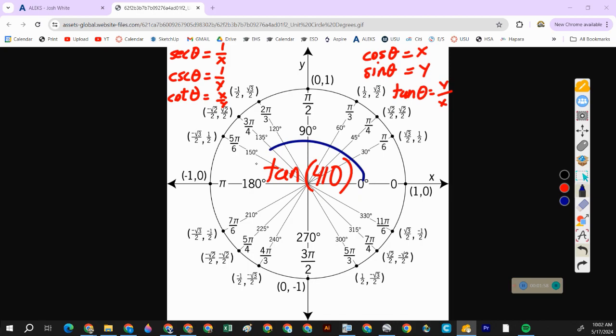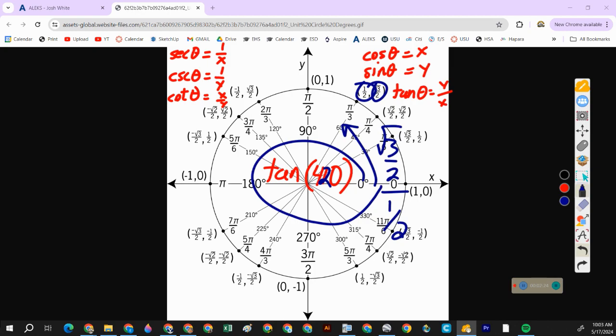Well, one rotation would be 360, and 410 minus 360 is going to be, oh, how about 420? 410 isn't going to work. 420 minus 360 is 60, so it's going to land right there. And tangent is y over x, so root 3 over 2 divided by 1/2. Invert and multiply the denominator, 2 over 1. The 2's cancel. The answer is just root 3.